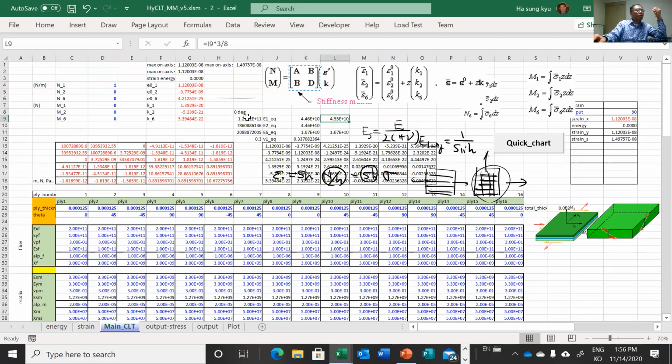So my point is that once you have the fiber directional stiffness, how much will the equivalent stiffness be? Well, you can certainly use this kind of Excel sheet to calculate it, but you can just roughly estimate very easily with 3/8.